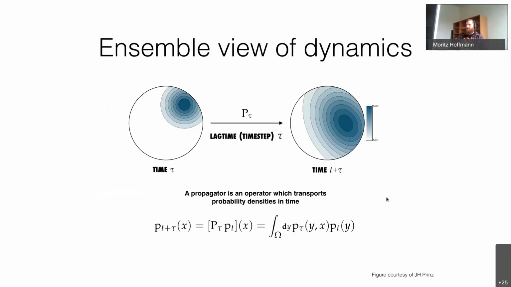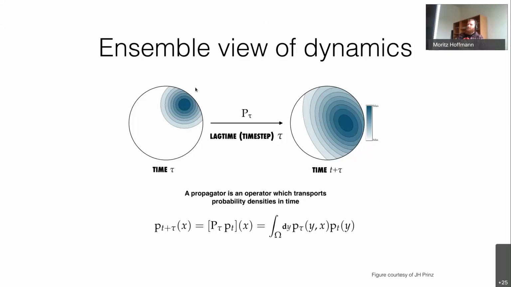Okay, so let's go back to this ensemble view of the dynamics, because this is really what we are going to work with. So usually you wouldn't have one very large trajectory, but a bunch of them, because the other one is really impractical.